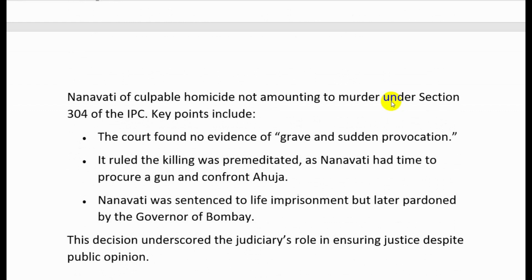It ruled the killing was premeditated, as Nanavati had time to procure a gun and confront Ahuja. Nanavati was sentenced to life imprisonment but later pardoned by the Governor of Bombay. This decision underscored the judiciary's role in ensuring justice despite public opinion.